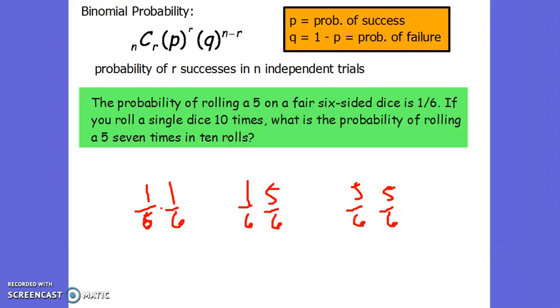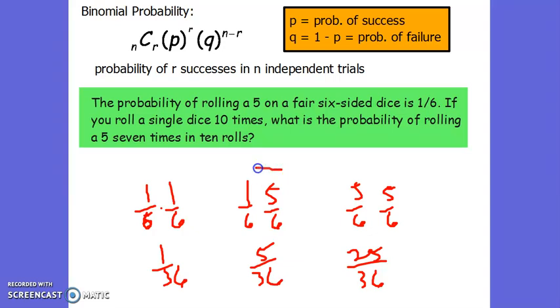The problem is if we multiply those all out, that's 1/36, and this is 25/36, and this is only 5/36. If you add all those up, 1 plus 5 and 25, that's only 31 out of the 36 possible things that can happen. What happened to the other 5?